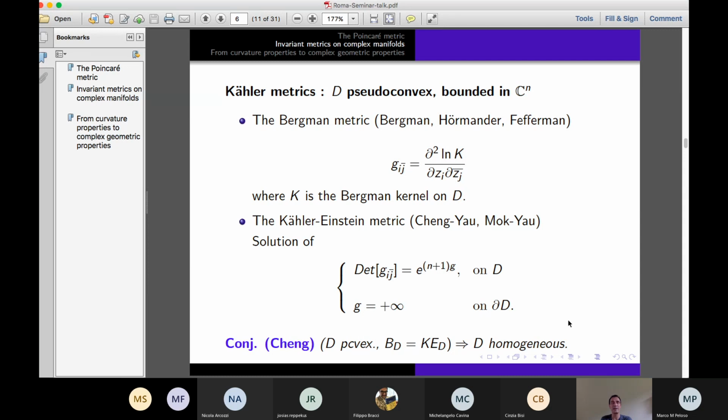I should mention also that I didn't say anything about the link between the Finsler metrics we considered on one side and Kähler metrics.